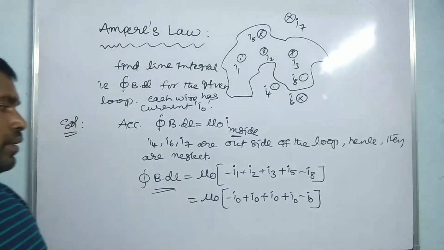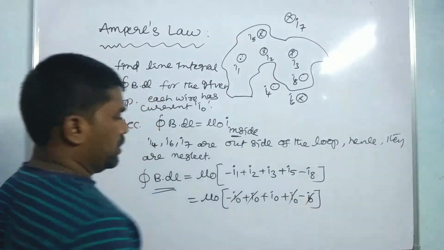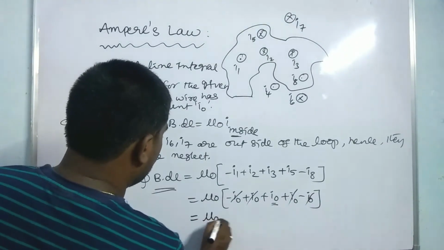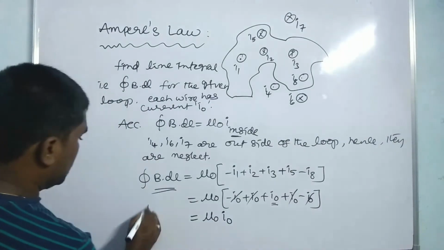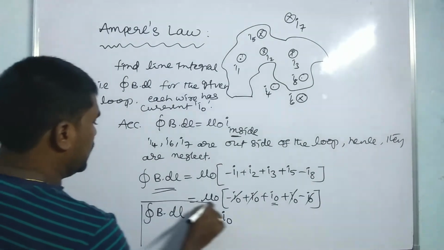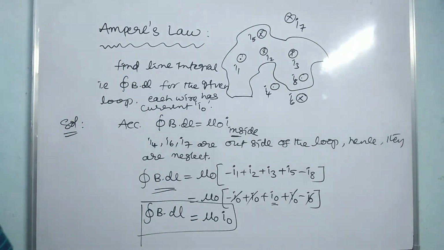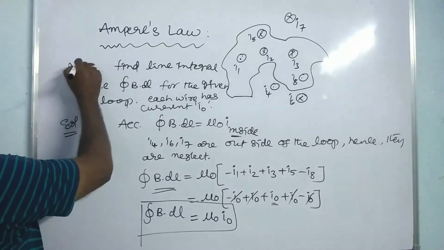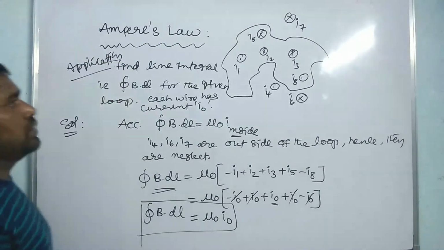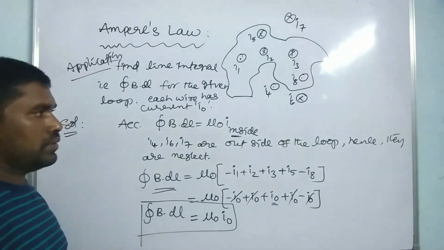Here plus I naught, minus I naught, minus I naught, plus I naught cancel. Remaining is only I naught. It is mu naught I naught, that is the line integral B dot dl in this case. So this is the line integral of this given loop. Clear?